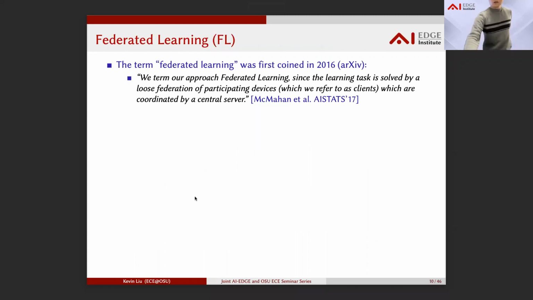Now, let me also give you guys a little bit of historical perspective of federated learning. So the terminology of FL, federated learning, first appeared in a 2016 pioneering paper by people at Google. Okay, and then of course the first official version of this paper appeared in AI Stats 17, but the archive version came out a little earlier.